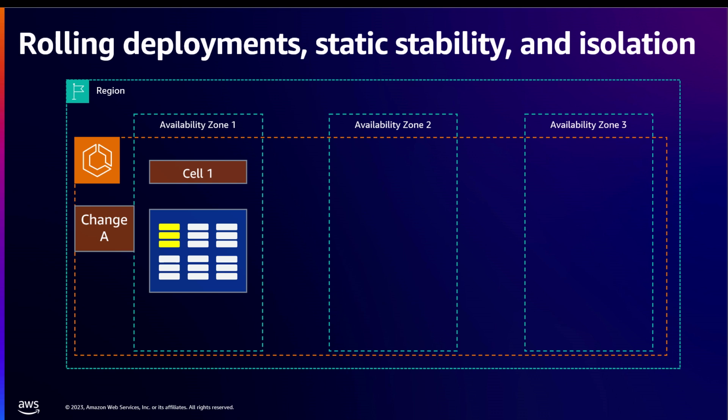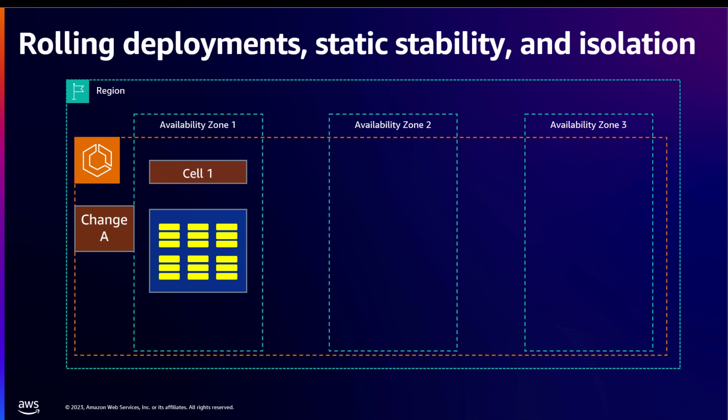And so the way that we do this with rolling deployments is that we will deploy the change to a very small subset of the set of workers in a cell in an availability zone. In this particular case, we're rolling out to 3 of those workers first. As we build confidence, we will continue to roll out in steps of 3 until we've completely rolled out to 1 cell in 1 partition.